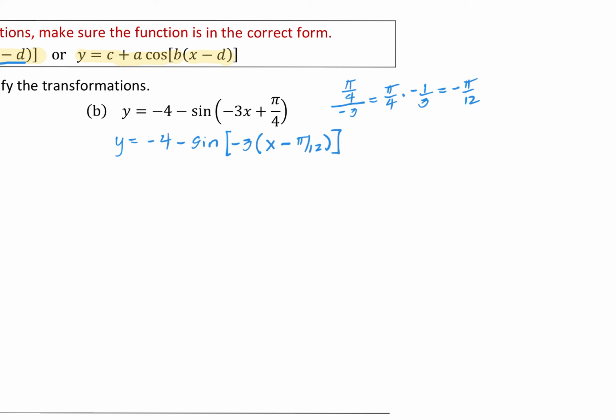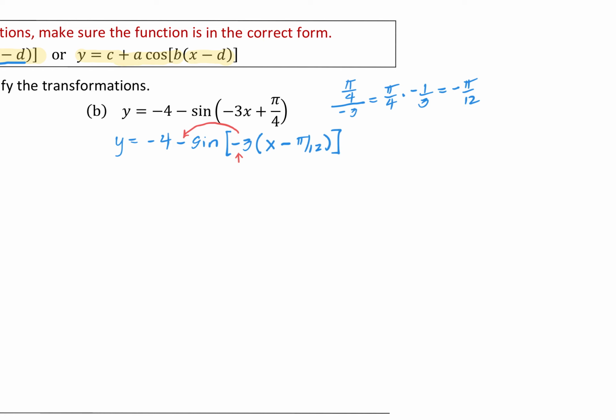However, I have a negative in front of the 3 here that I have to address. Remember when I said if there's a negative times the x value, you have to get rid of it. Since sine is an odd function, that negative is going to come out in front of the sine. It's not going to affect that minus 4.